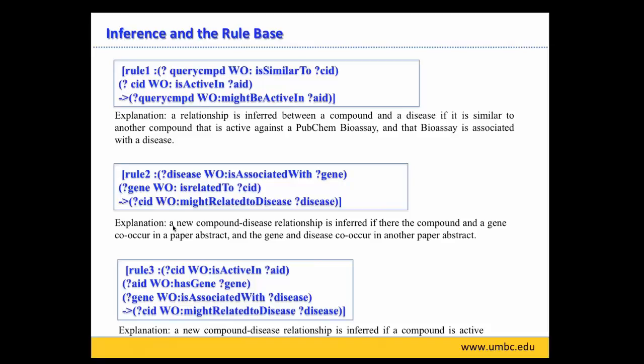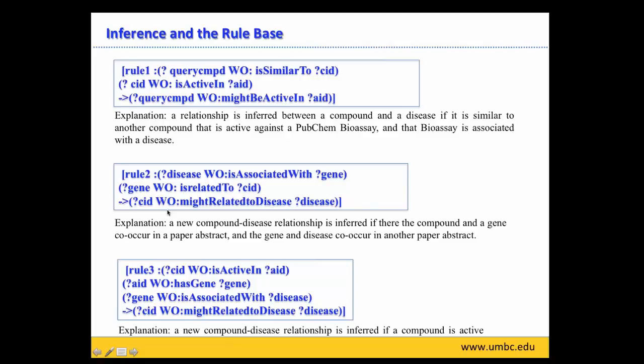I just list 3 simple rules here to give you some initial idea. The first rule is a very simple statement: if the query compound is similar to another chemical compound, and this chemical compound is active in a particular bioassay, then we may draw a conclusion that this query compound might be active in this bioassay.